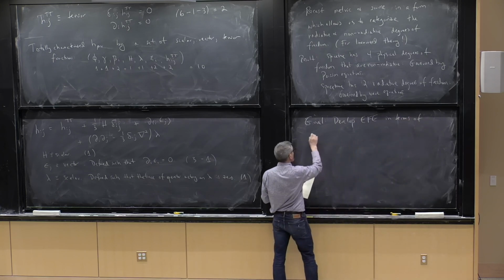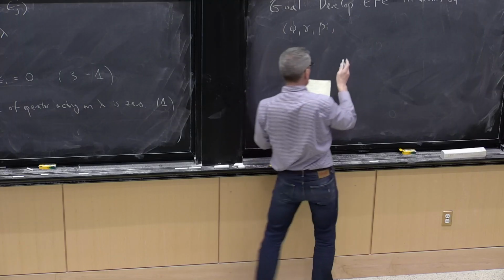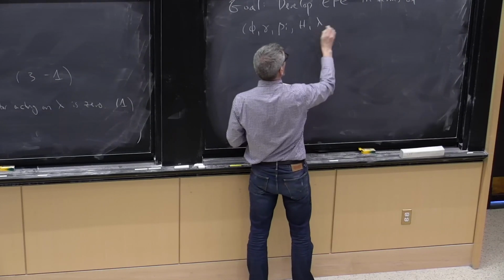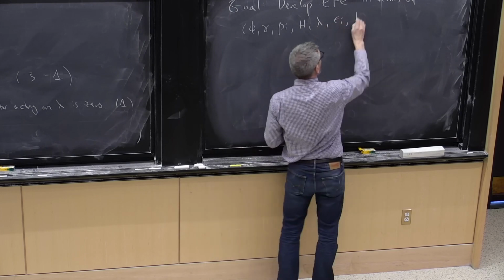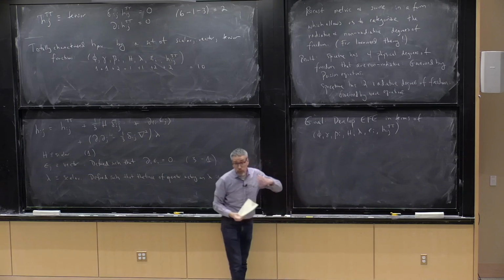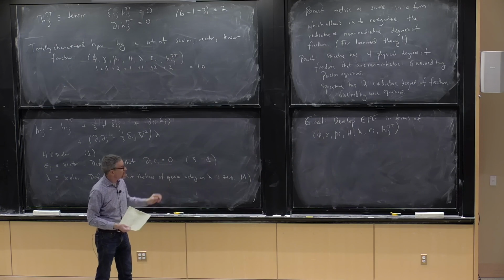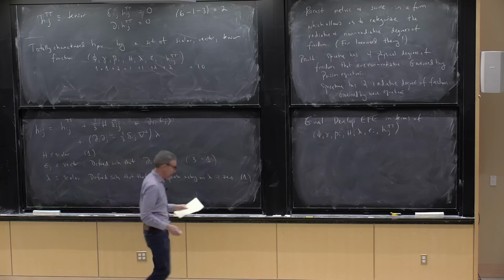So in terms of the phi, gamma, beta, h, lambda, epsilon, hij tt. I would like to run this through the mechanism, make my Einstein field equation, but express it in terms of these things. We'll see why that is in just a moment.